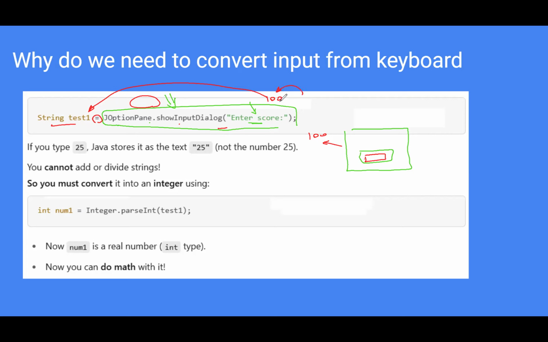Even though you write a number, it is treated as if it is a string, because you take it as an input from the keyboard. So if you try to save this in an integer, it will not accept it, it will show you an error. So whenever we use this kind of command, we will always store that in a string variable. So far, is it clear?